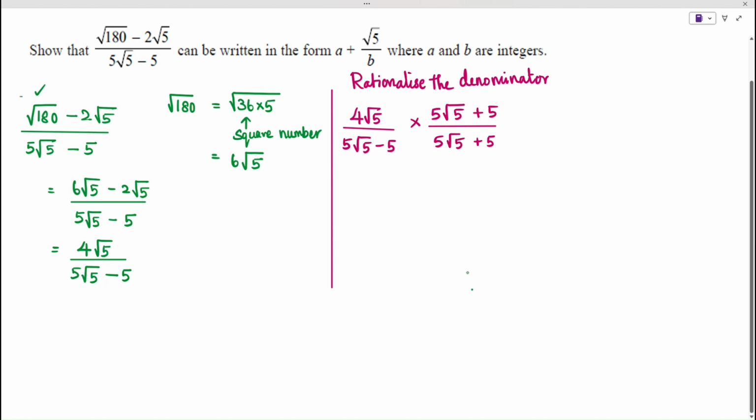So now we're going to multiply our two fractions together.